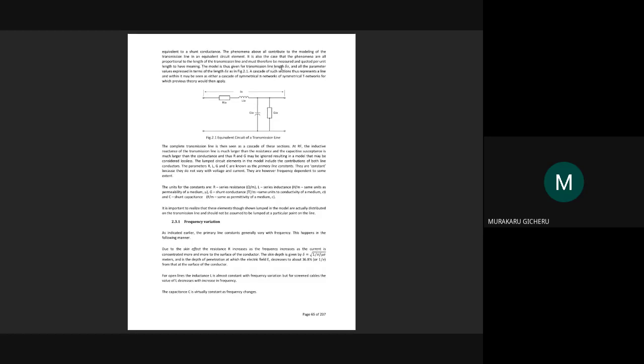From here, the model is given for a transmission line of length dx, with all the parameter values expressed in terms of the length dx in figure 2.1. A cascade of such sections will be seen as either a cascade of symmetrical pi networks or symmetrical T networks, for which previous theory would then apply.